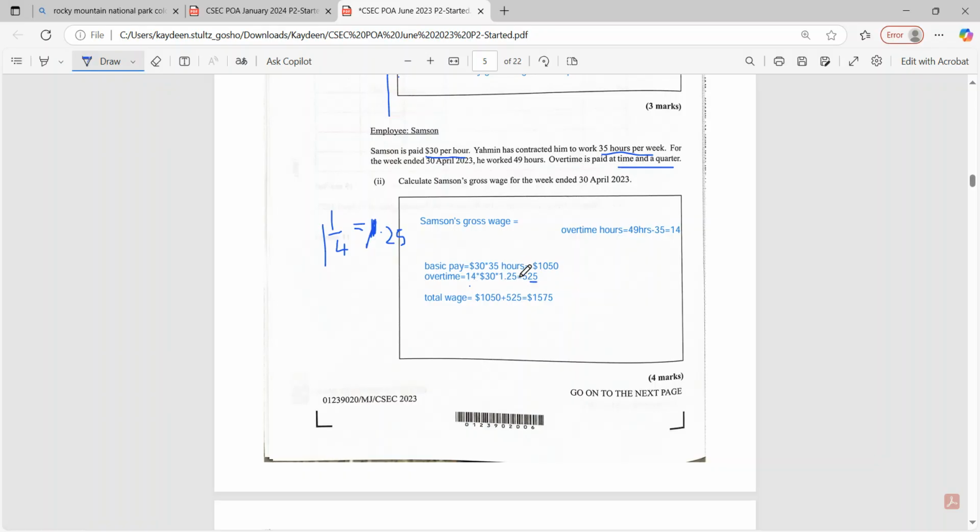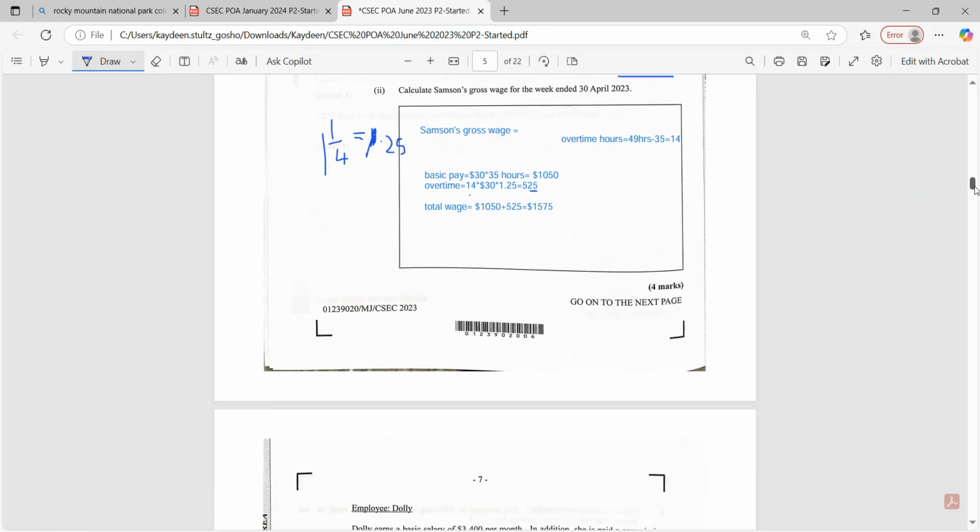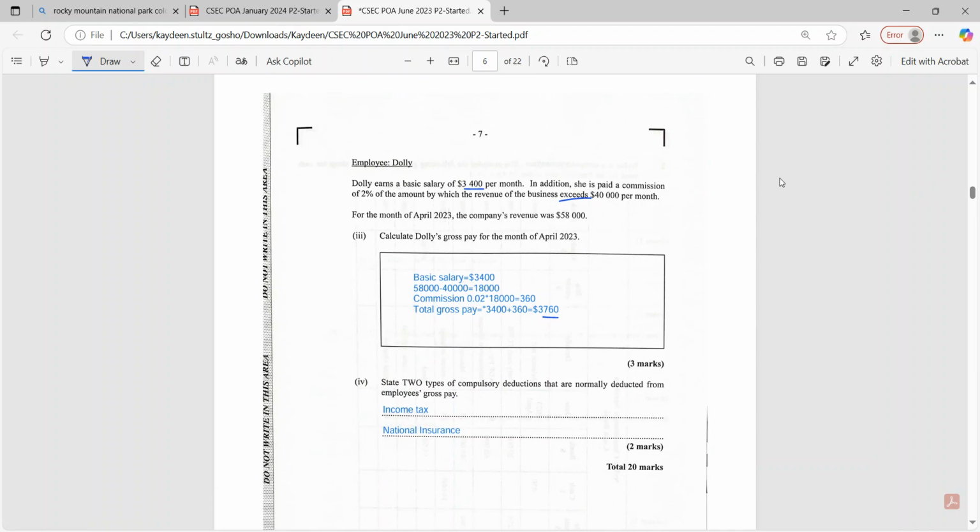So if you put this in your calculator, you will get $525. So therefore, his total wage now would be equal to his basic pay plus his overtime. So therefore, we get 1,050 plus 525, which is equal to 1,575.